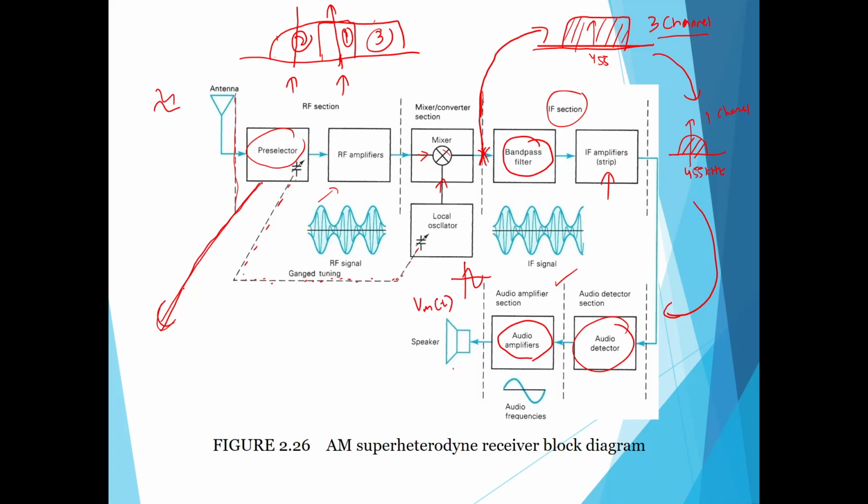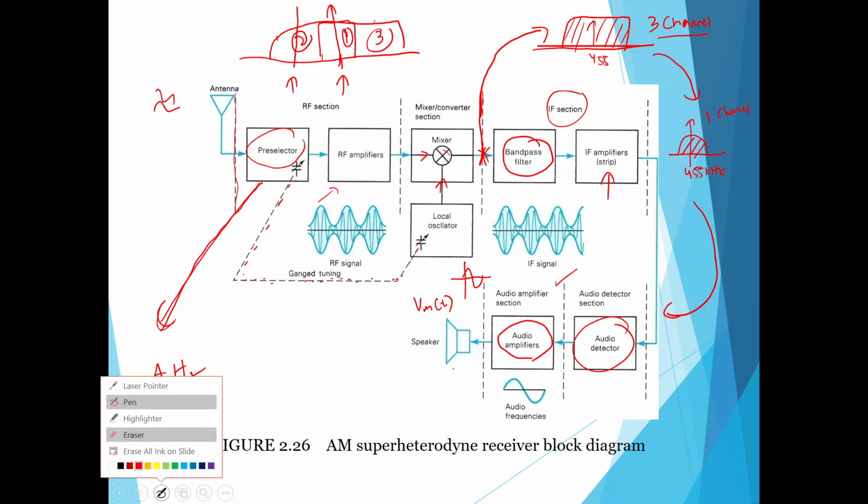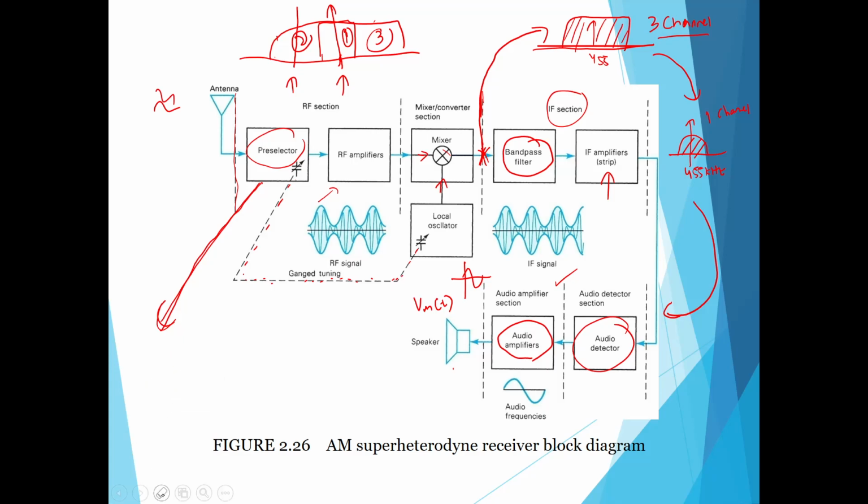From the beginning, when I want to listen to radio station A, for example, radio station A has a frequency of 1 megahertz. So the pre-selector will select the band frequency centered at 1 megahertz.